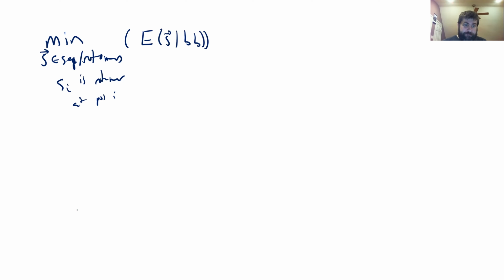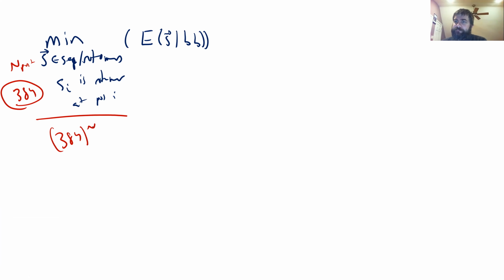For the smallest possible libraries, we have maybe 384 choices per position, and we have n positions. What this gives us is a total number of choices of about 384 to the n. It's worth exploring what kind of problem this is.